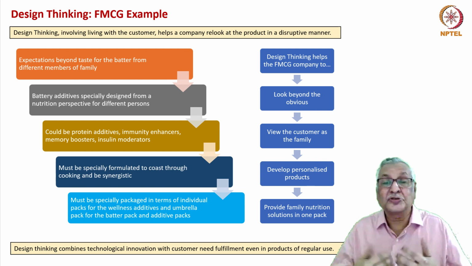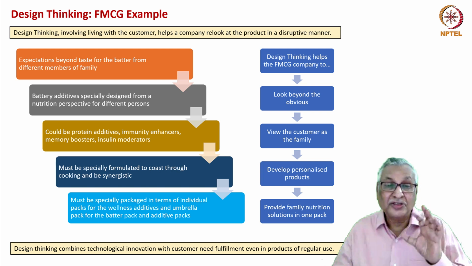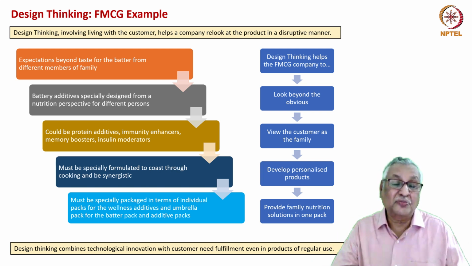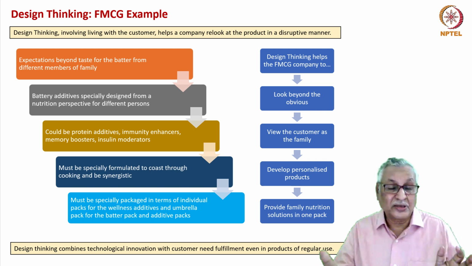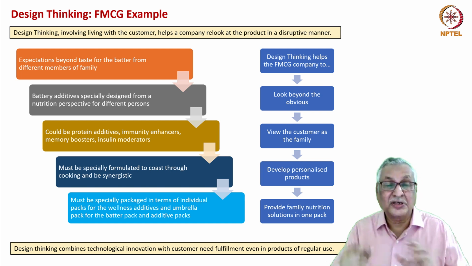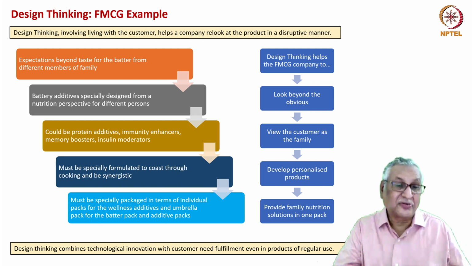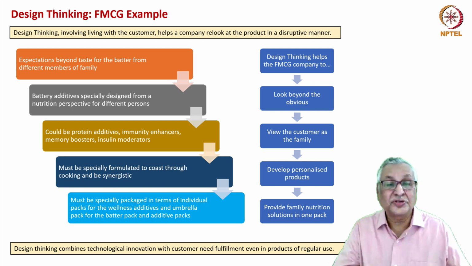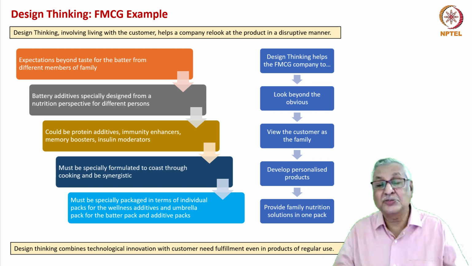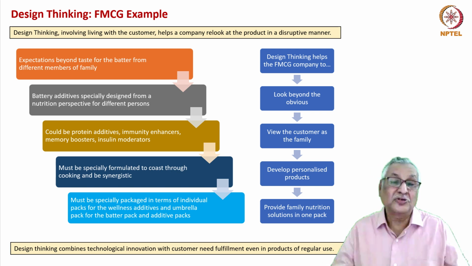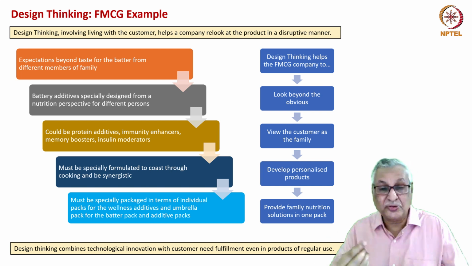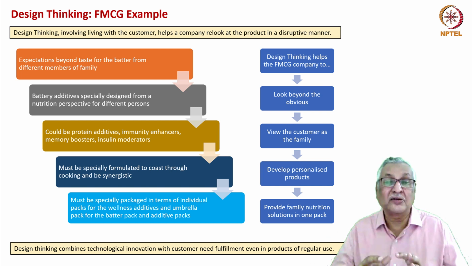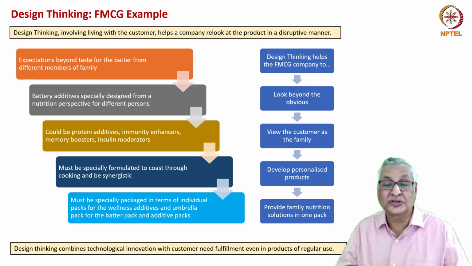So you may come up with a solution by which you have the standard batter and then an additive pack, and the additive pack, being of different types, can be customized, and each batter could be termed as a diabetic batter, or a batter for children requiring memory boosting, or for immunity enhancement for elders, and so on. So once you open the batter, the additive pack can also be opened and both mixed and then offered. It is a startup kind of idea that could emerge from the design thinking process.